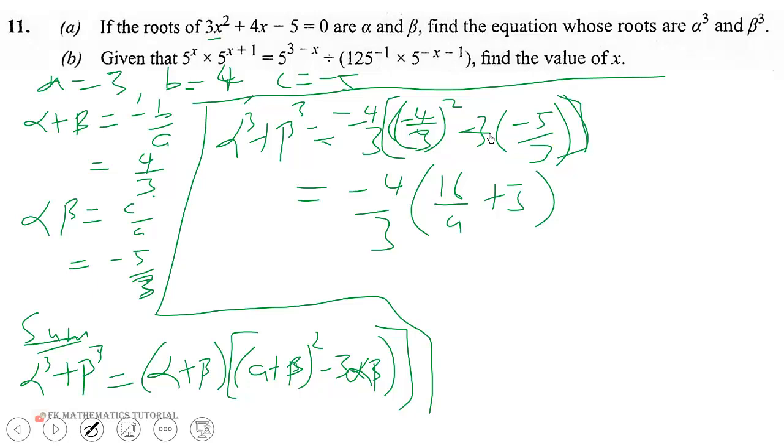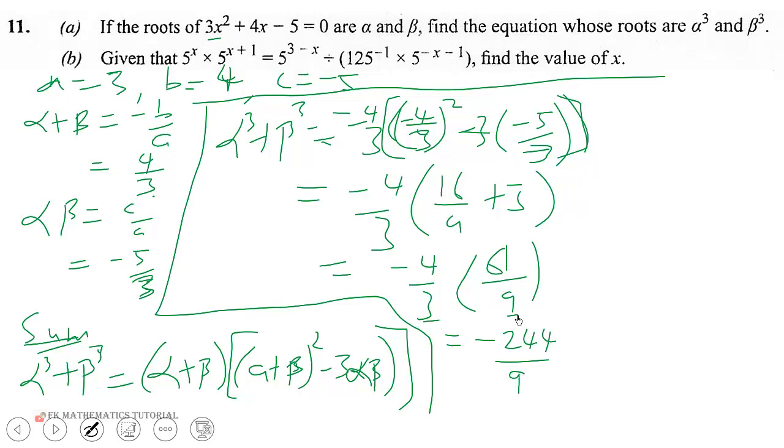And because this will cancel this, we have plus 5. So this will simplify to -4/3 times 61/9. And this will give us -244/27.